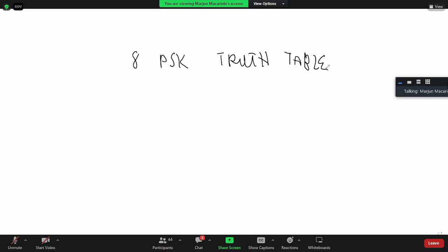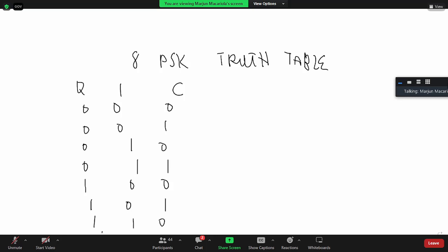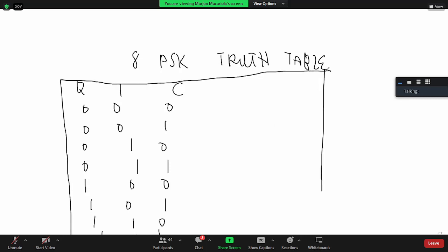So the QIC again: 0, 0, 0, 0, 0, 1, 0, 1, 0, 0, 1, 1, 1, 0, 0, 1, 0, 1, 1, 1, 0, and 1, 1, 1. Right? Output phase.